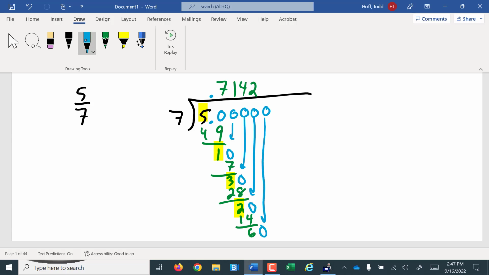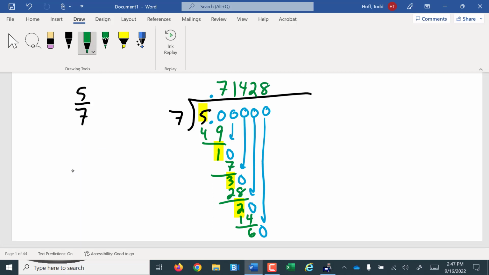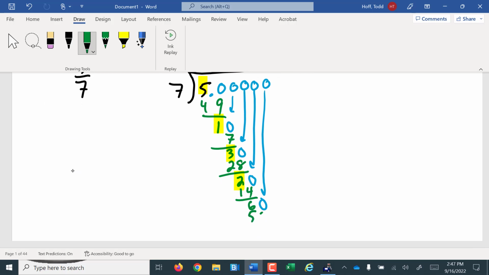7 goes into 60, 8 times, does that look right? 8 times 7 is 56. What's left? 4. Is that different? Yeah, right. 5, 1, 3, 2, 6, 4. Still different.